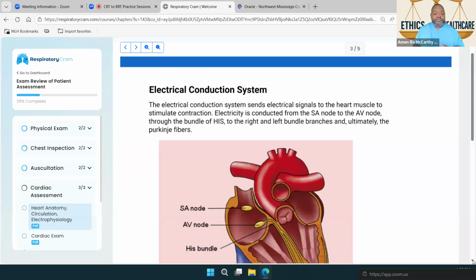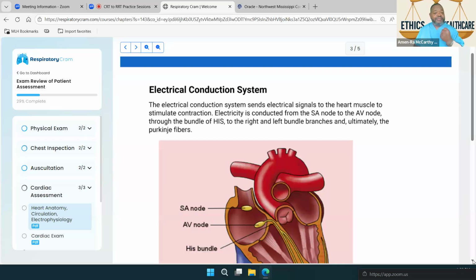The electrical conduction sends electrical signals to the heart muscle to stimulate the contraction, AKA depolarization. So write that down: contraction, aka depolarization, aka squeeze, aka systole.